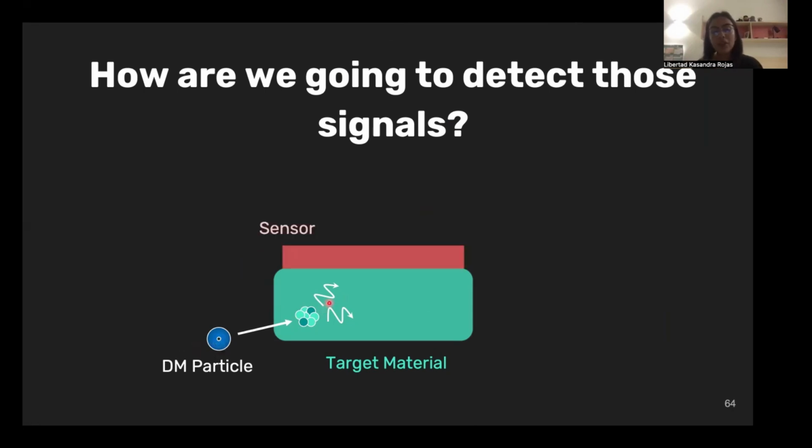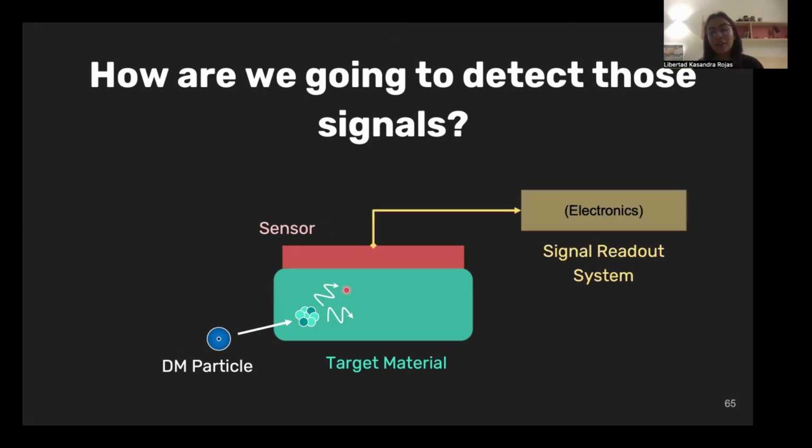Second of all, we're going to need a sensor. We need something that's going to be able to sense those signals. And finally, we need an electronic system that is going to allow us to read those signals. It's not enough to be able to sense them, we need to be able to collect that data in something that we can read out nicely, okay? So we need a readout system, okay?